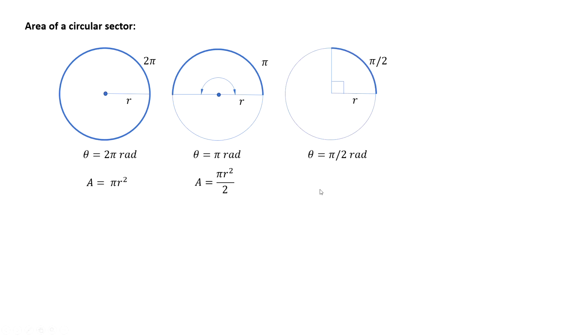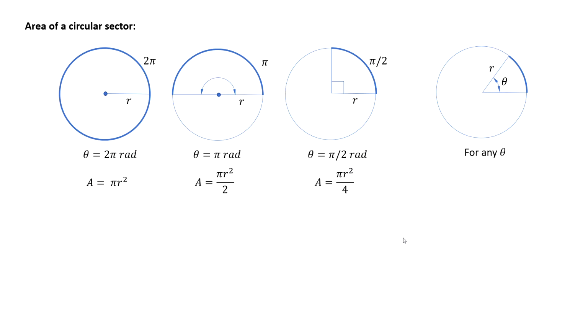Now if we go to a quarter of a circle, again, the angle subtended is pi over 2, and the area of that is pi r square over 4, 1/4 of pi r square, right? Half of the semicircle, or 1/4 of the full circle. Cool. There's something I'm trying to get to here.